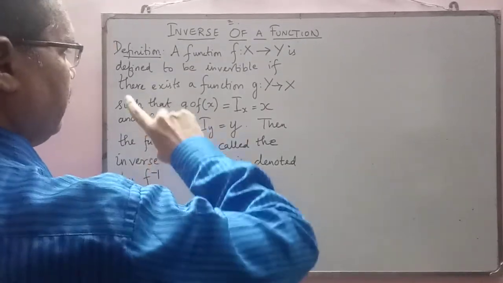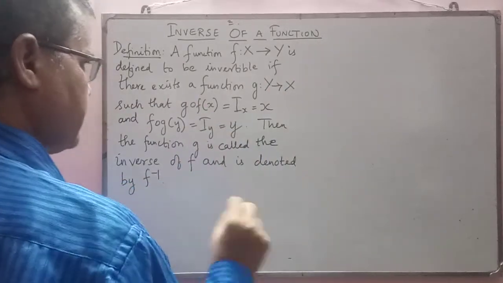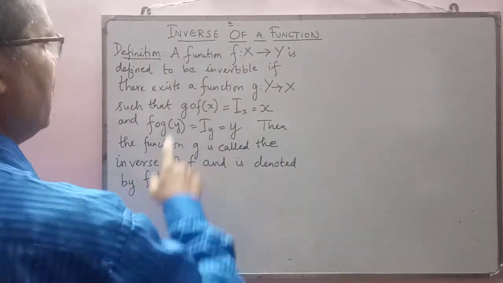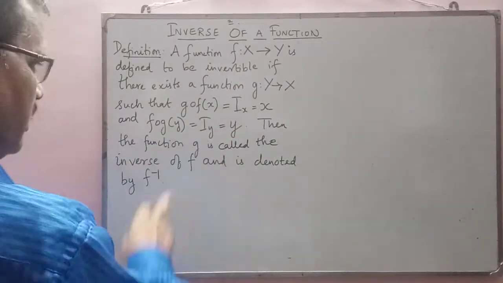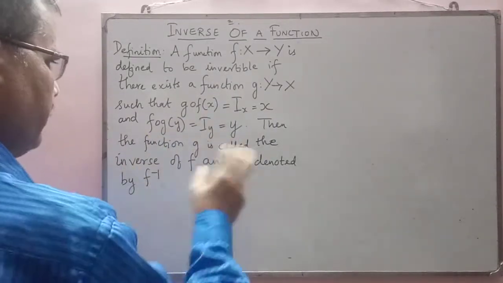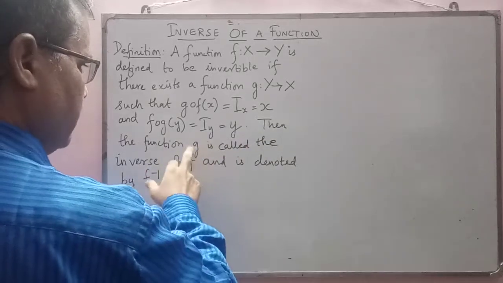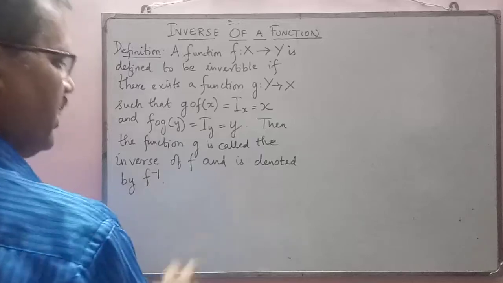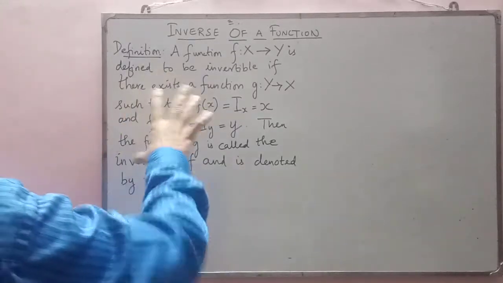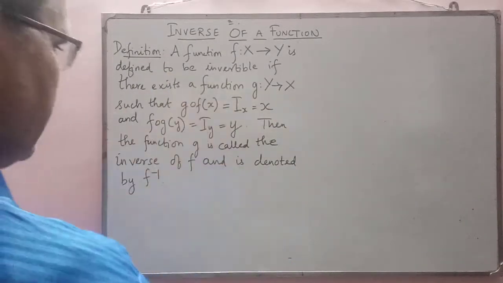We have explained it in the composition of functions. Please refer to that composition of functions video. g o f of x equal to x and f of g of y equal to y. This should be true. Then you can say that g of y, or just g, is called the inverse of f and is denoted by f inverse. This is one method. By doing sums very easily you can understand.